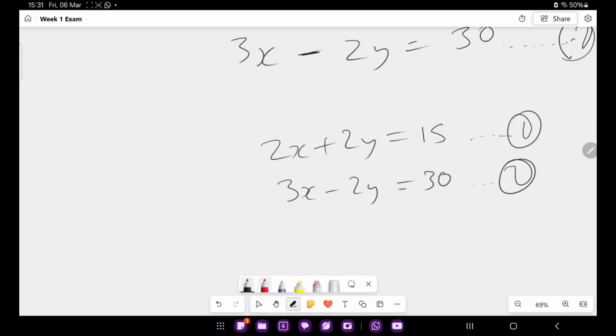Okay, so we have this scenario. The first thing that's catching my eye is this. If you know how to deal with simultaneous equations, you would know that there are two main ways that we deal with them.